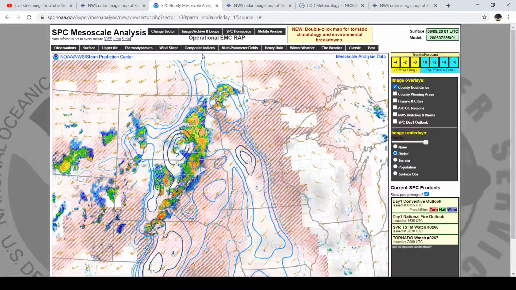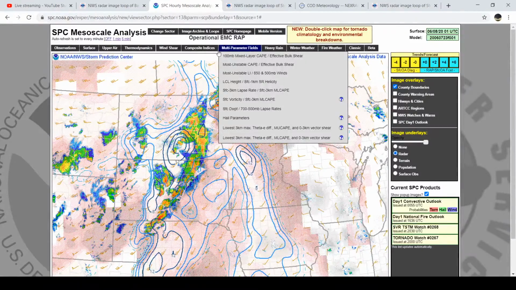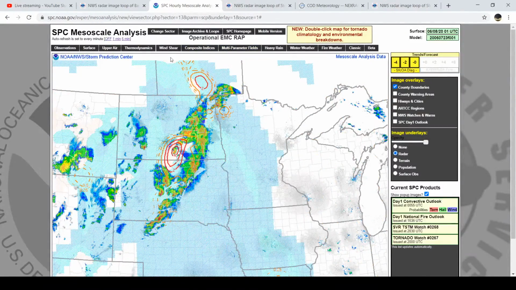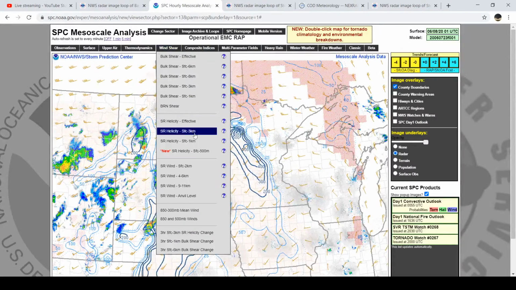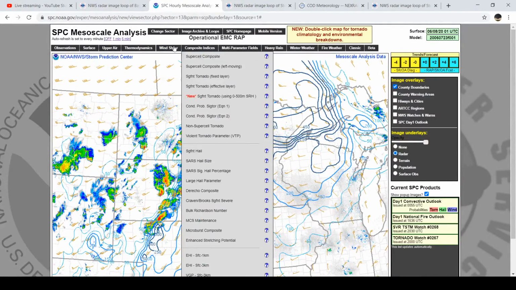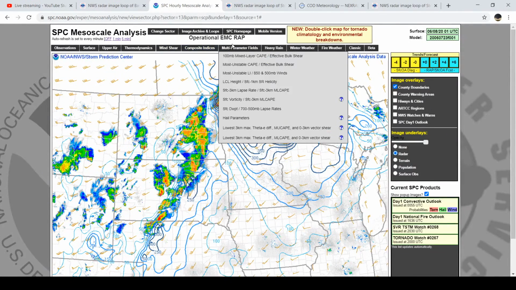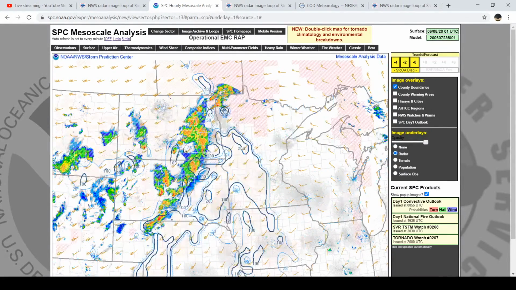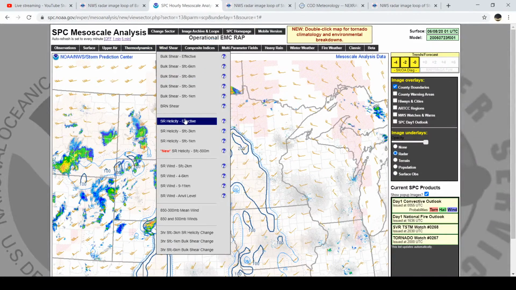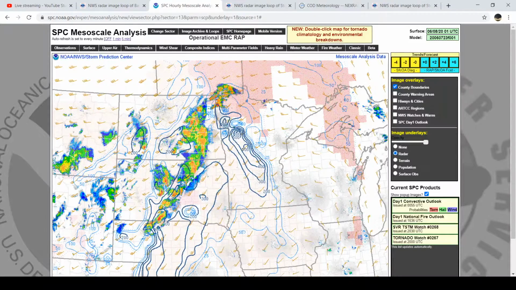Supercell composite is 16 in that region, so it's really high.